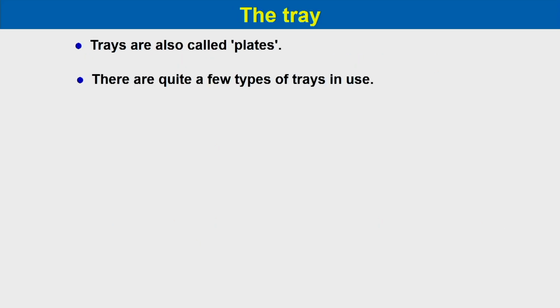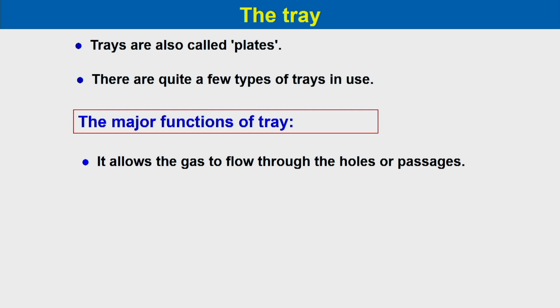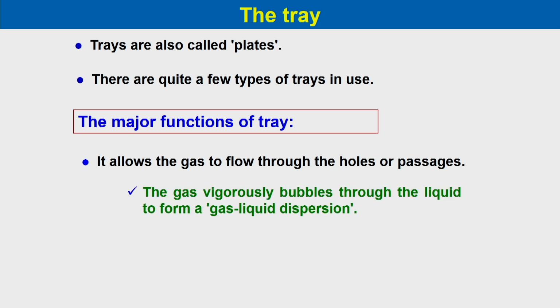So, either we can call it tray columns or plate columns. There are quite a few types of trays in use. The major function of a tray is basically that it allows the gas to flow through the holes or passages. So, the tray will allow the gas to pass through the holes on the tray. The gas vigorously bubbles through the liquid to form a gas-liquid dispersion.